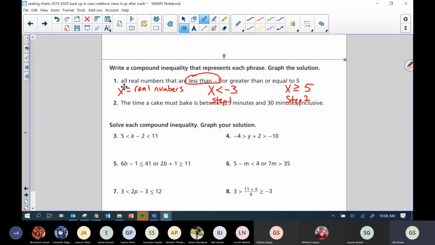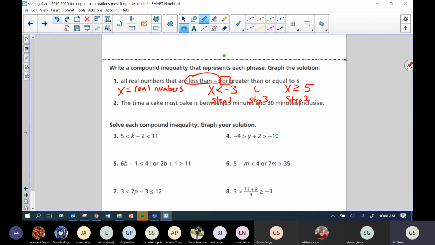And then the last step, step 3. Step 3 is just which word do we join it with? Well, in this particular case, they tell us right here. They just say or in the problem.